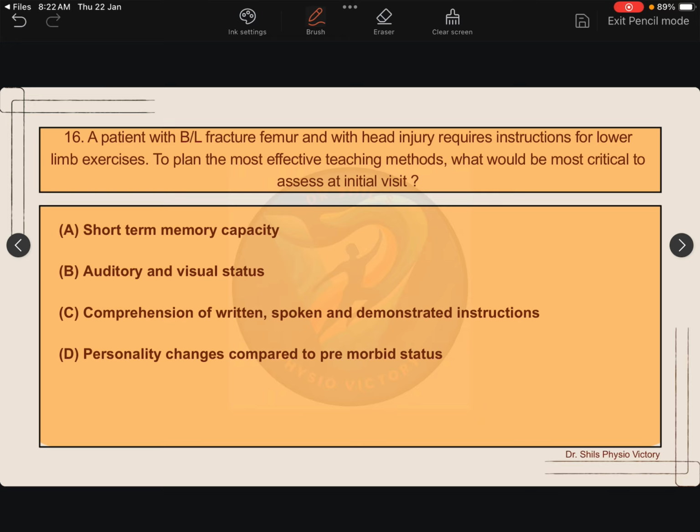Option C comprehension of written, spoken, and demonstrated instructions. Option D changes compared to premorbid status. Effective teaching needs understanding, processing, and following commands. So here the correct answer is C.